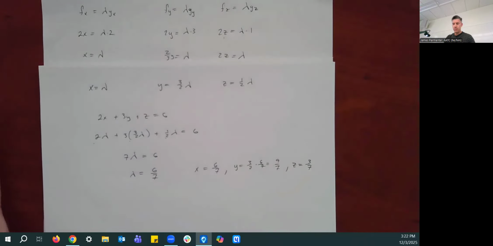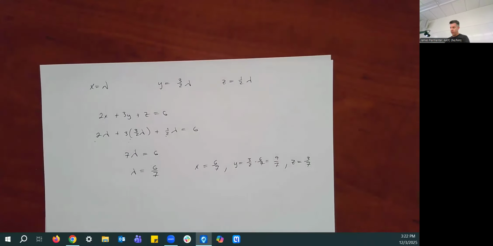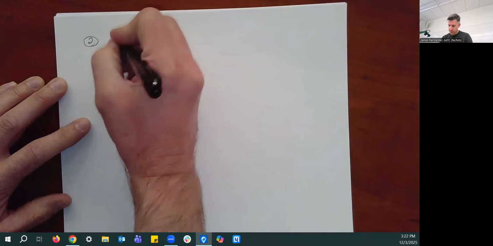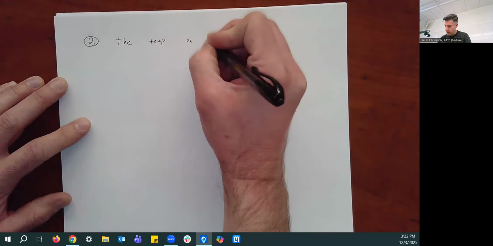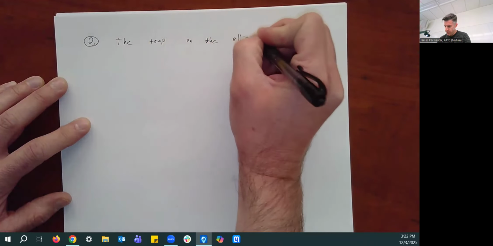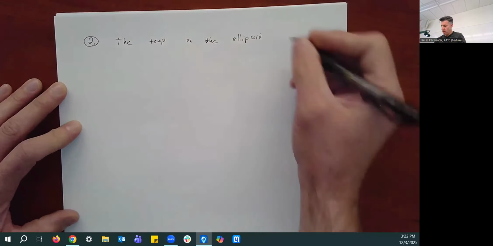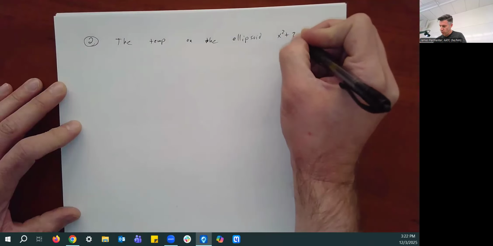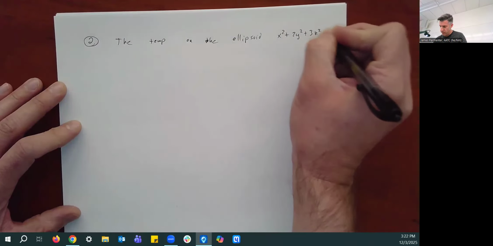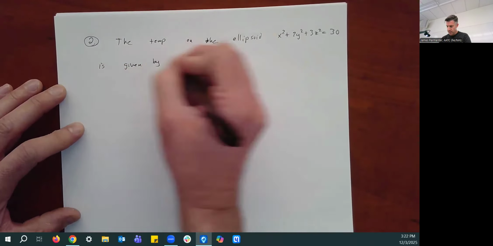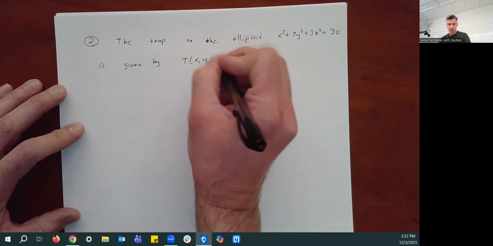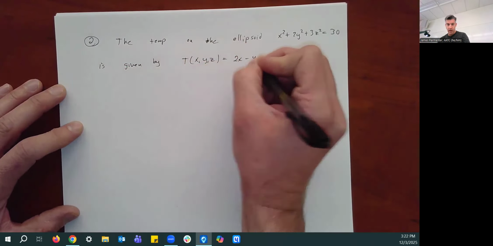Let's see. Sure, here's a very standard type of question. The temperature on the ellipsoid, so I mean, three-dimensional ellipse, x squared plus 2y squared plus 3z squared equal to 30 is given by T of x, y, z equal to 2x minus y minus 3z.